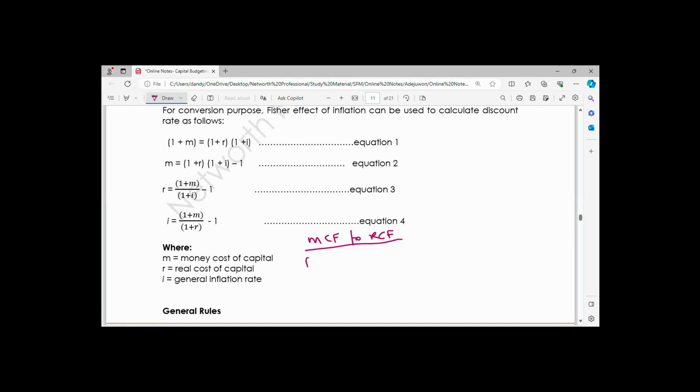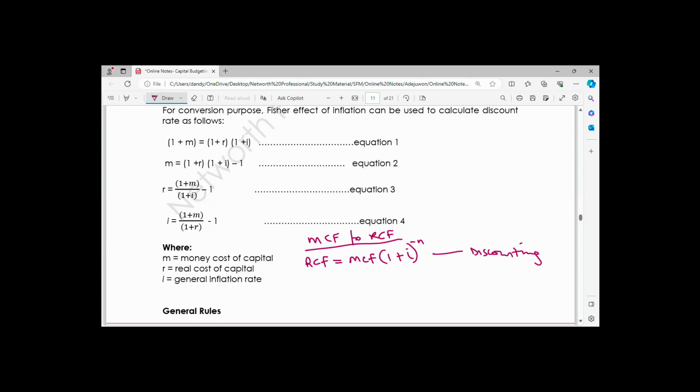So real cash flow equals money cash flow multiplied by (1 + inflation rate) raised to the power minus n. When I do this, I'm simply discounting.